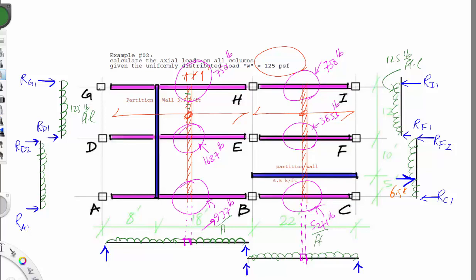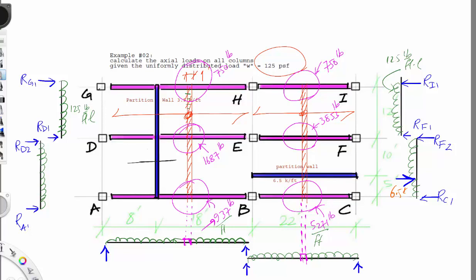Now just another reminder, see this partition was not taken care of at the level of short direction. So it means it will be taken care of at the level of beam. But this partition was taken care of at the short direction calculation, so this will not be considered in the beam calculation.